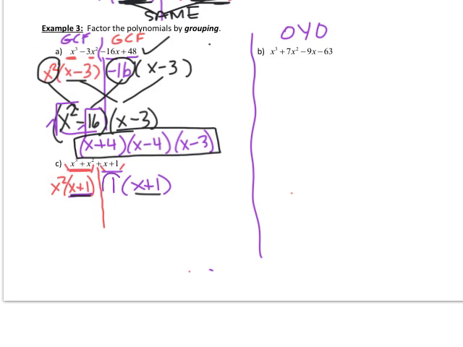The reason I need something here is because, remember, these two things that are the greatest common factor go into their own binomial. So I have to have an x squared plus 1. Notice that the sign in front of the 1 is a positive there. And then I'm going to take the binomial that I had, x plus 1, and that's going to be part of my answer.